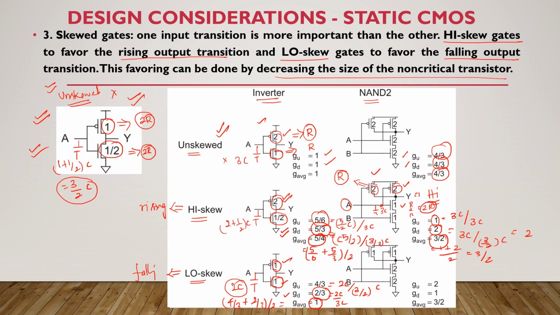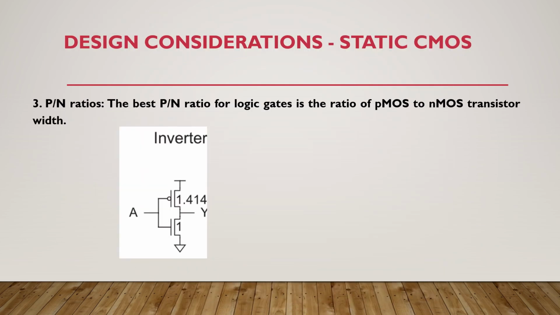The next and last design consideration is the P by N ratio. The best P by N ratio of any logic gate is the ratio of PMOS to NMOS transistor width. If you want to make the gate faster, I have to use the formula: the width of PMOS must be equivalent to the root of the PMOS width divided by NMOS width.